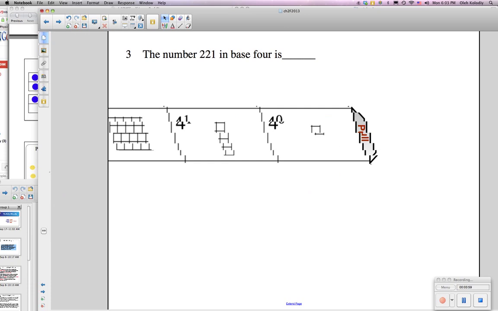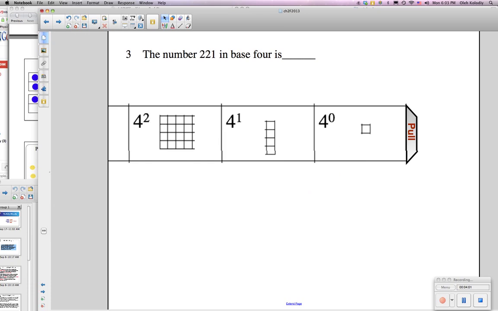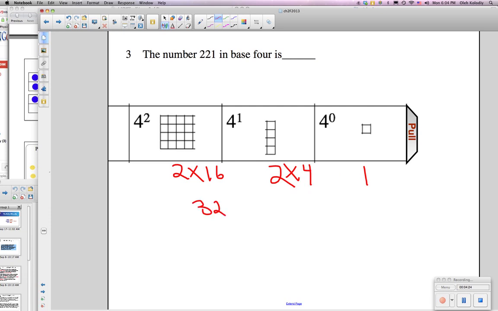So let's see if we can do this. The number 221 in base 4. How much is that? Stop the video and see if you can answer that. To answer this, we need to know the place values for base 4. Well, we just went through it. 221 means 2 of these, 2 of these, and 1 of these.